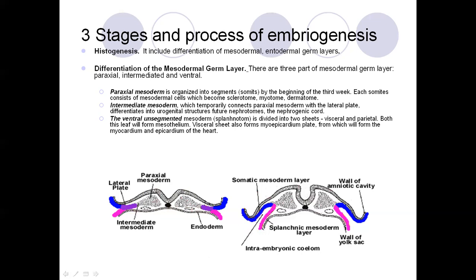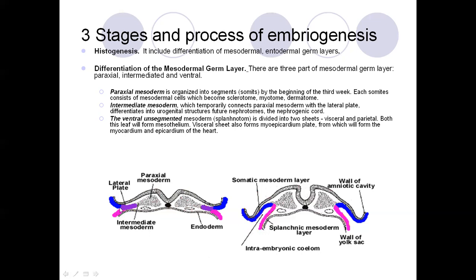Cells of somite divide and form three groups of cells: sclerotome, myotome, and dermatome. The intermediate part of mesoderm produces nephrotomes or nephrogenic cord. This is the future kidney, embryonic kidney and definitive kidney.